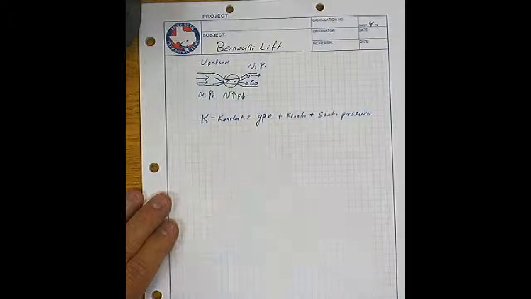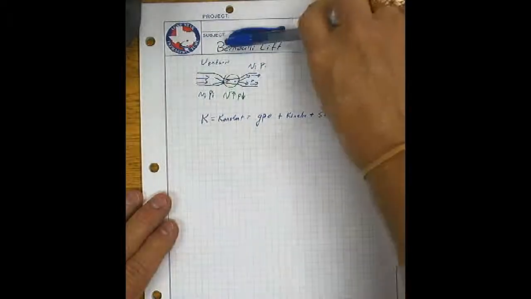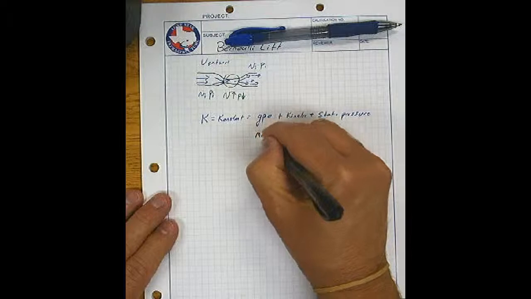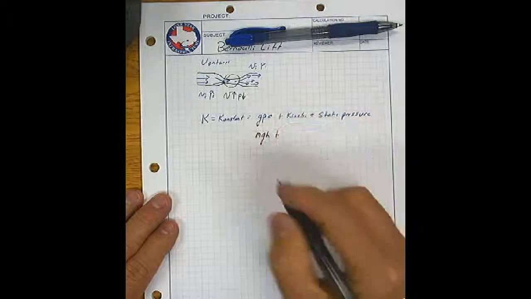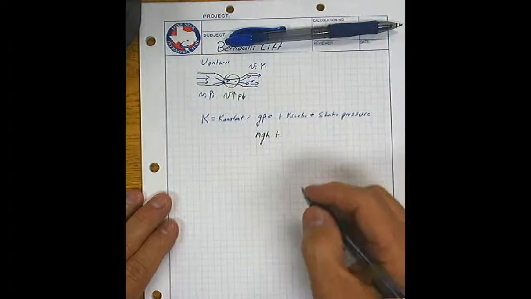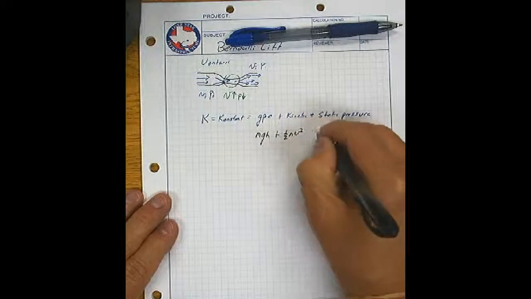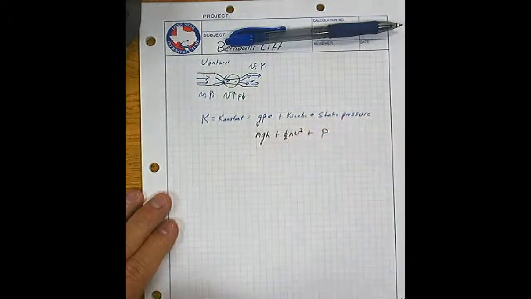The gravitational potential energy is mgh. The kinetic energy is 1/2 mv squared, and the pressure is just P.